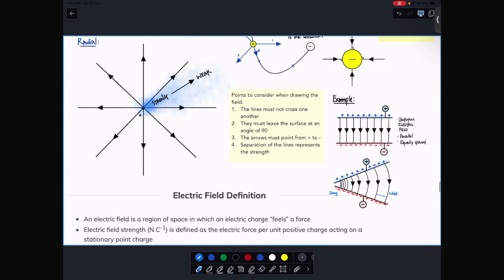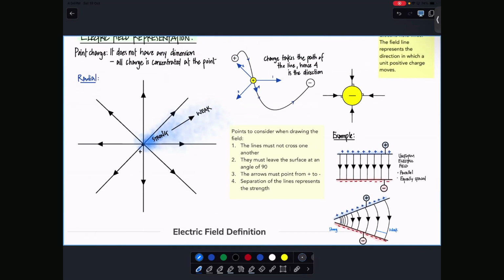Can anyone define for me what is gravitational field strength? Definition of gravitational field strength. Is your retention less than 100 days? We did this 100 days ago, and then you forget everything? What's the gravitational field strength? Something per unit mass.